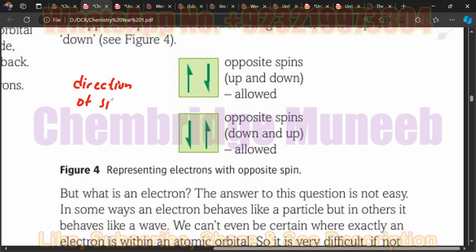Whenever you spin, in which direction can you move? Left and right. Spinning is not left or right. Spinning can be either clockwise or anti-clockwise. This is clockwise direction, this is anti-clockwise direction, and that's what they are expressing here.